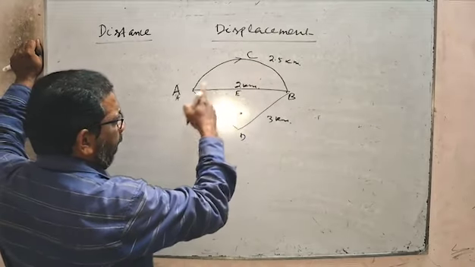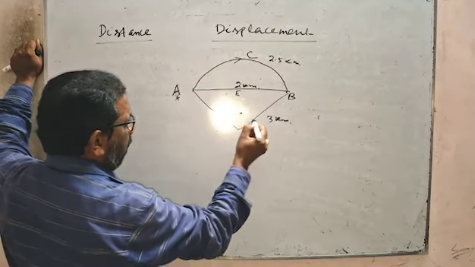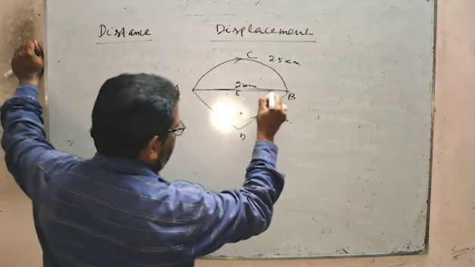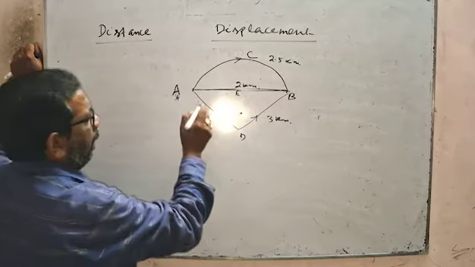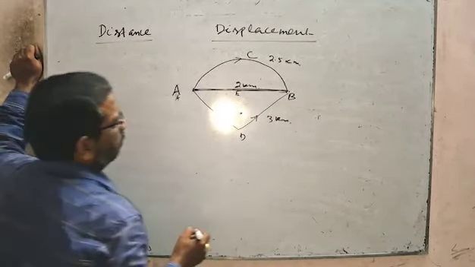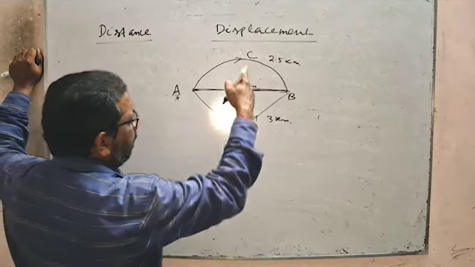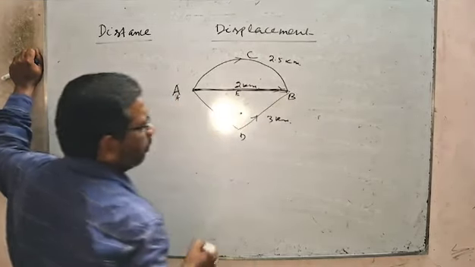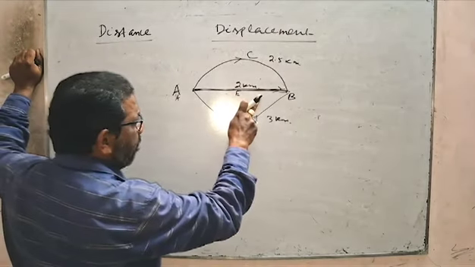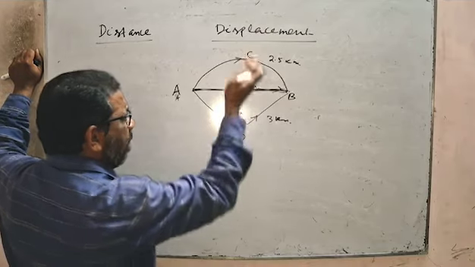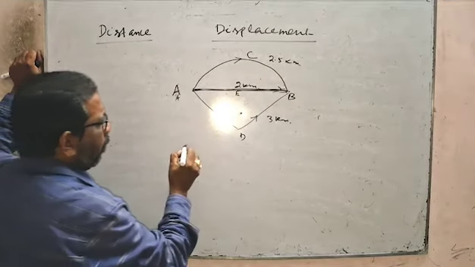One path is A to B through C, another is A to B through D, and the last is A to B through E. This is the shortest path between A and B. Here the distances are different, and this is the displacement. Displacement is only one, but distance may vary.